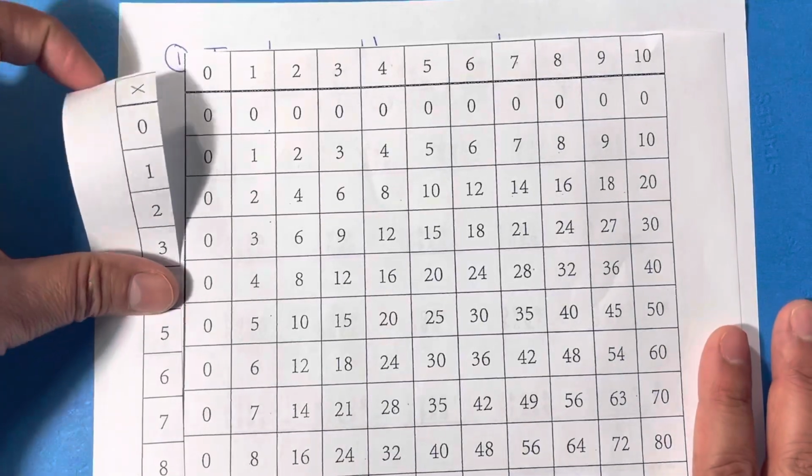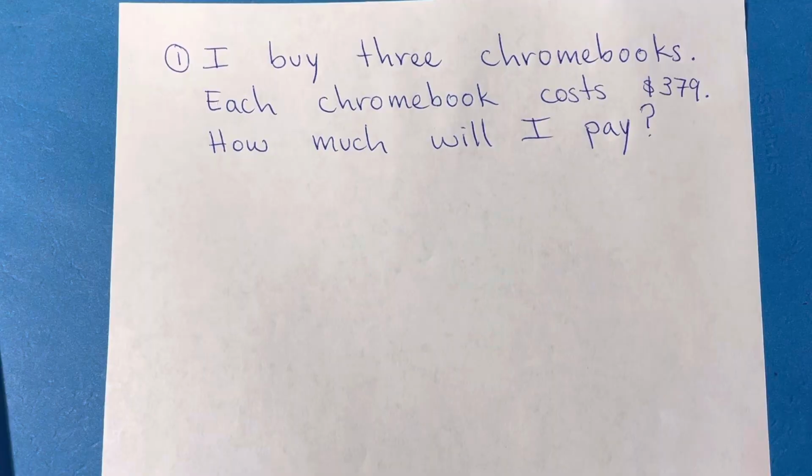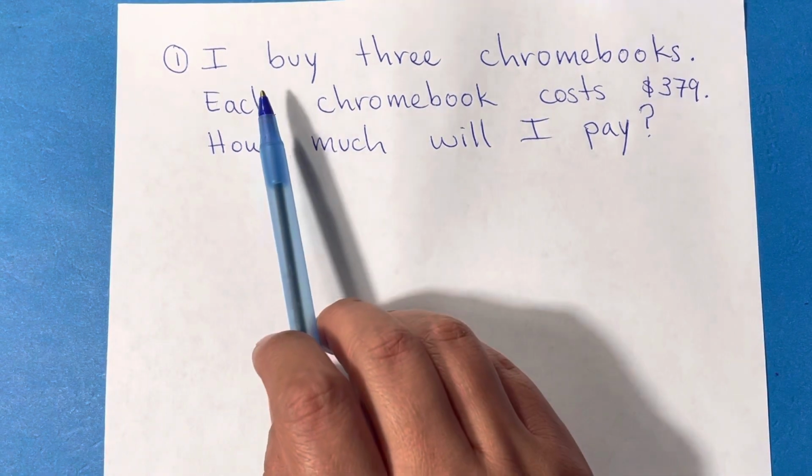But then I cut the first column. Now, if you're not allowed to use a table, or if you're not allowed to use a calculator, you can also do a list of the multiplication that you're doing at that moment. It's not the best because it takes time, but well, okay, let's begin.